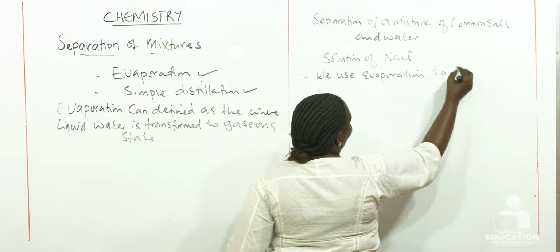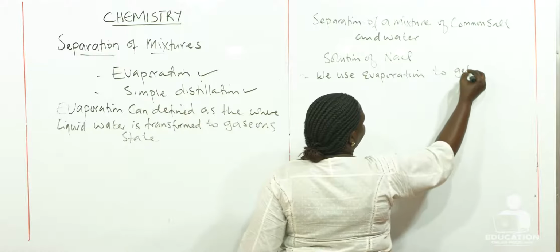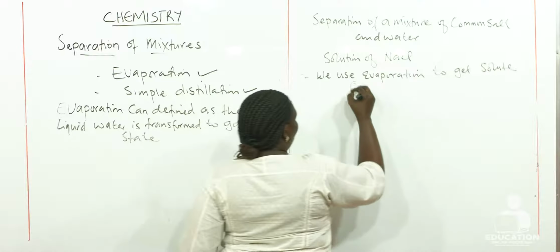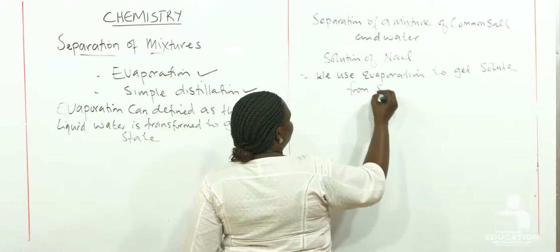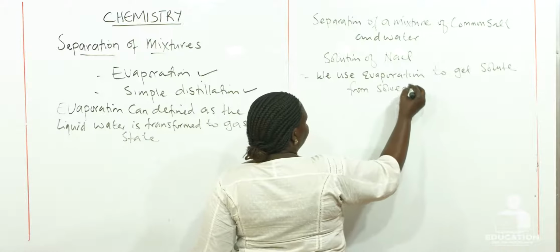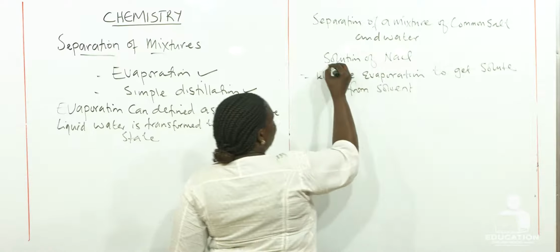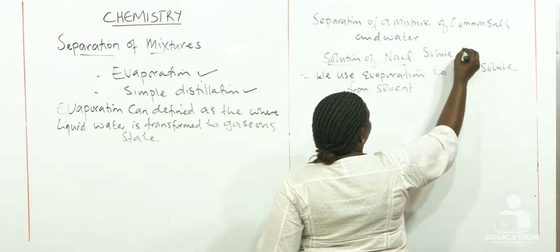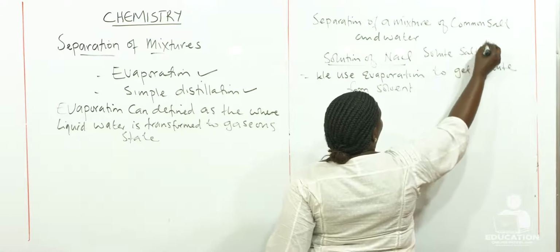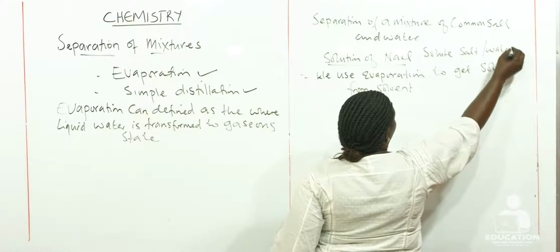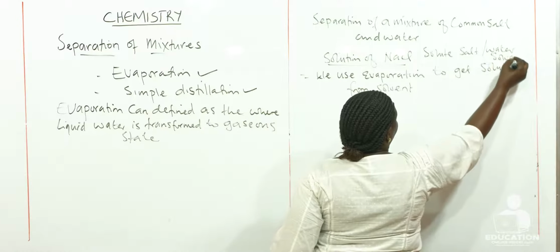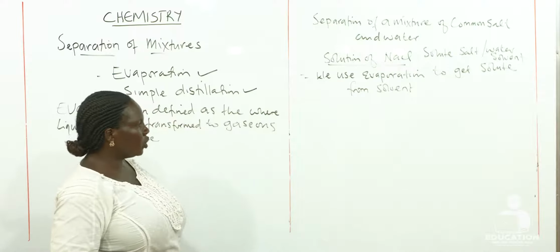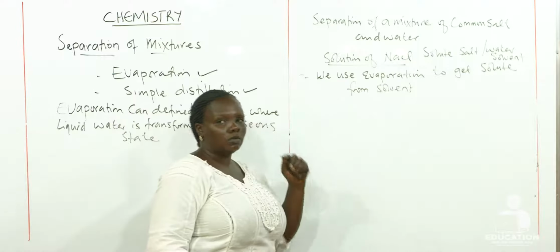To obtain or to get solute from solvent. So in this solution, our solute is the salt and water is the solvent. We use evaporation to get solute from solvent.